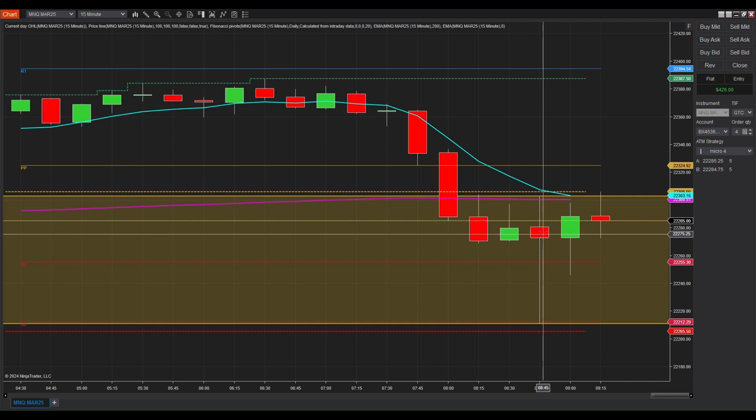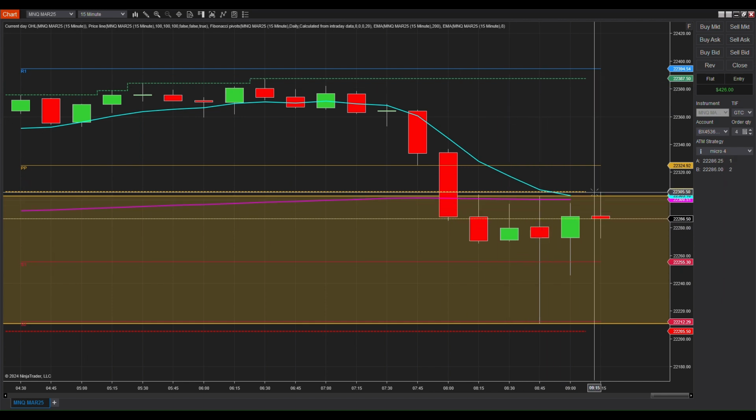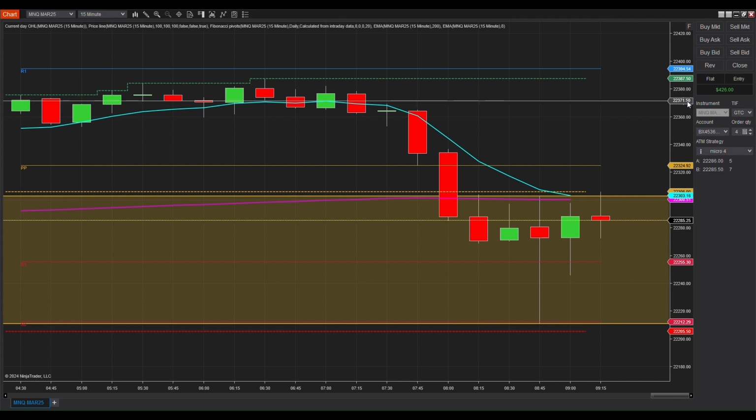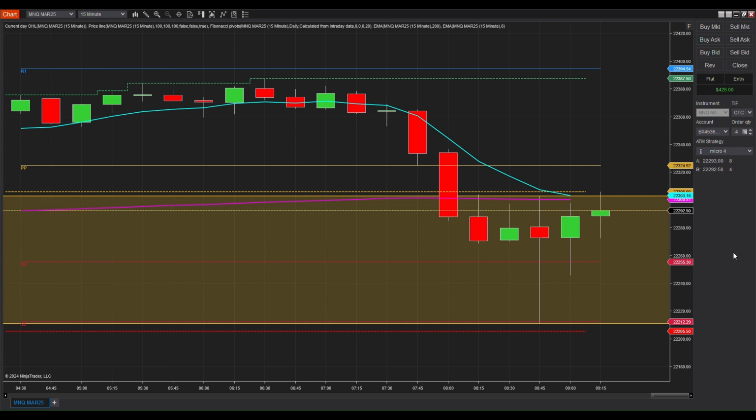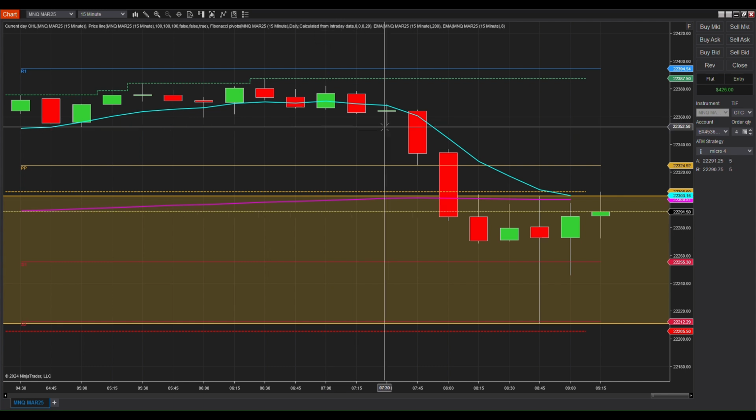So this is the 15-minute candles, 15-minute range. High today. This is the open. I'll be back when we get a trade set up.